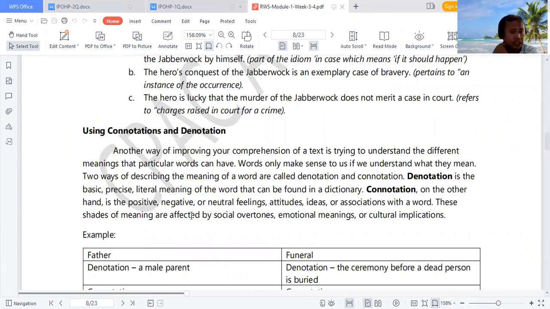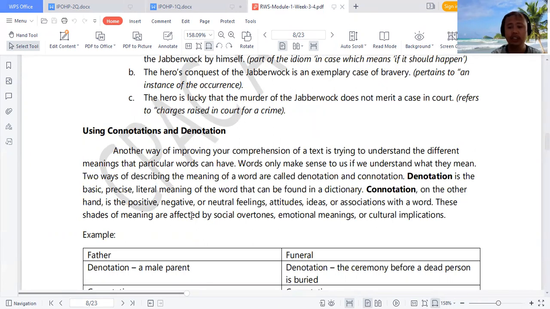connotations and denotations? All right. Another way of improving your comprehension of a text is trying to understand the different meanings that particular words can have. Words only make sense to us if we understand what they mean. All right. Two ways of describing the meaning of a word are called denotation and connotation. Denotation is the basic, precise, or literal meaning of a word that can be found in a dictionary.